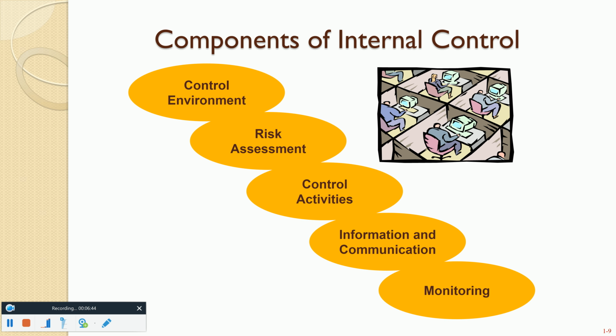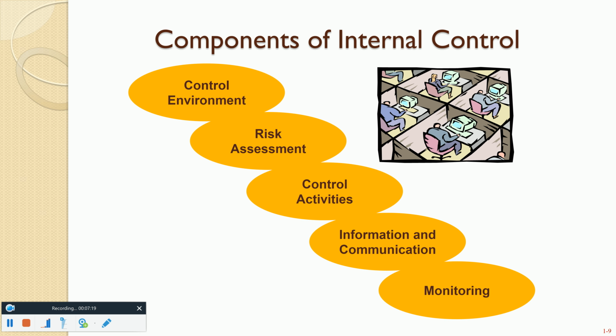But as an example, we can have physical controls, like putting locks on doors, giving everyone an ID badge, having that ID badge allow you to enter certain areas of the building. What are some other internal controls? It could be a financial control, like we do bank reconciliations on a monthly basis to make sure that the bank records are okay.